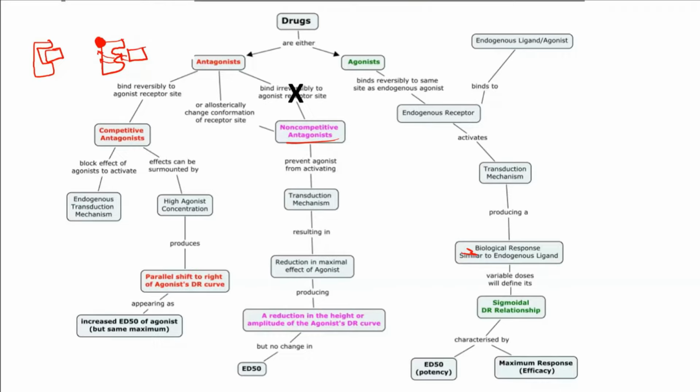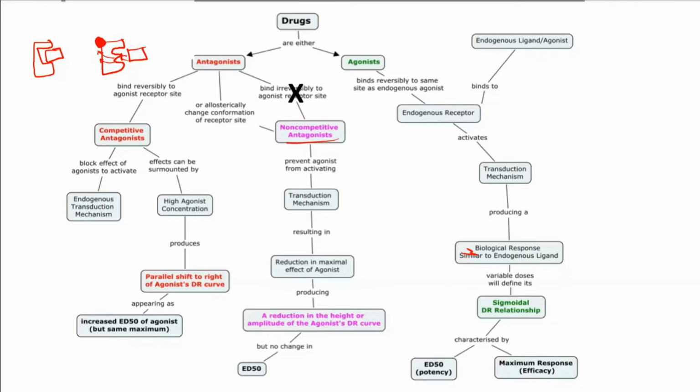So the main difference here is that although the agonist is not binding, it will bind at a high enough concentration. And keep in mind, we have a population of these proteins, of these enzymes. This is one of them.